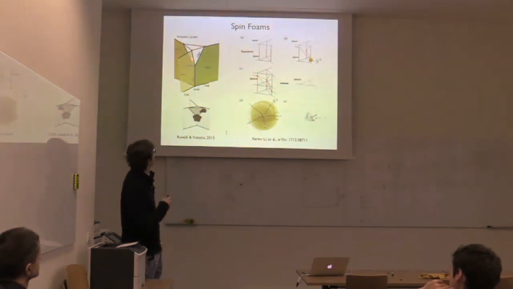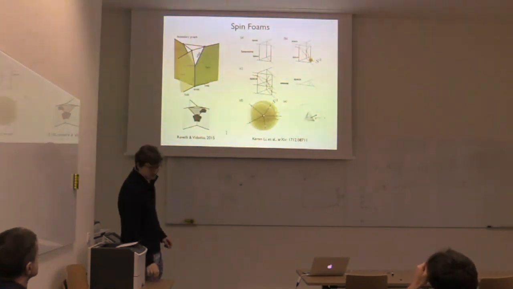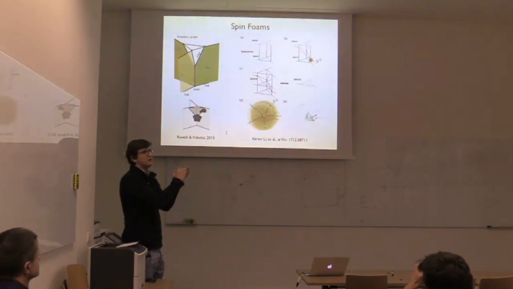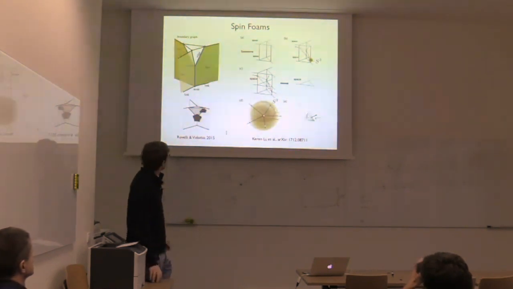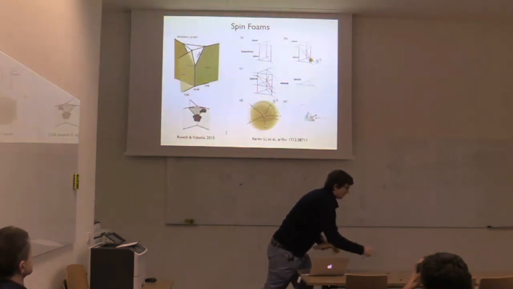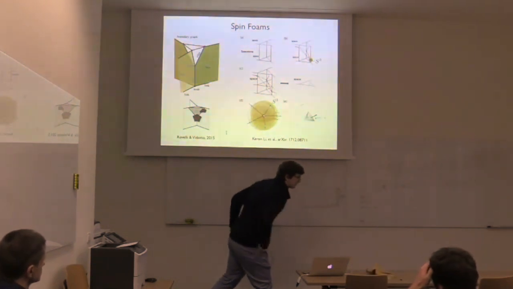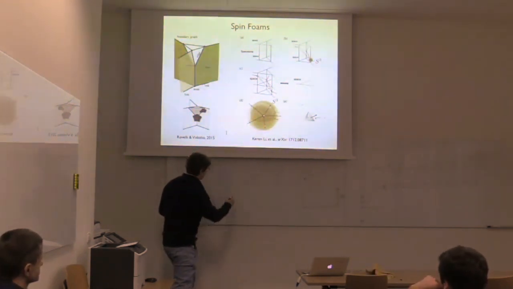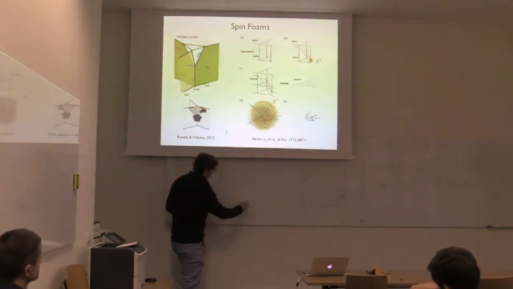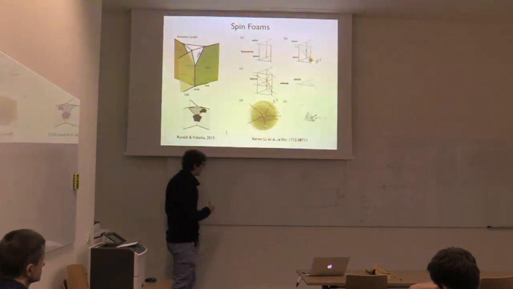Then the elementary amplitude is associated with the vertex. The amplitude of a vertex is basically the amplitude of the boundary of this vertex. This is quite simple, but let me draw it. In the 2+1 case, you have this graph, and this is your vertex.